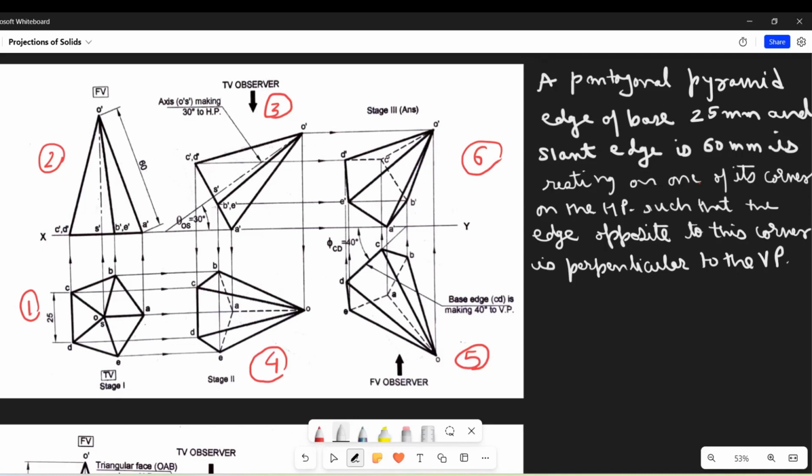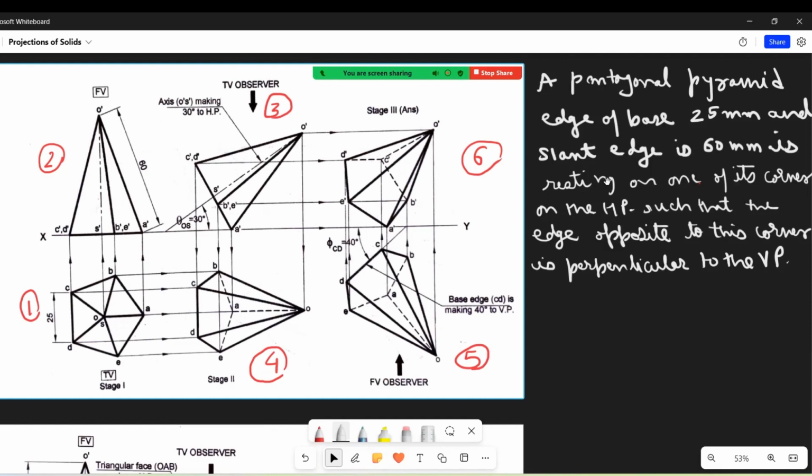Now, some of you may think that in the final position, it is not perpendicular to the VP. This edge DC is not perpendicular to the VP. So, understand that now we are framing the second part of the question. Stage 1 is the first part of the question, stage 2 is the second part, and stage 3 is the third part.